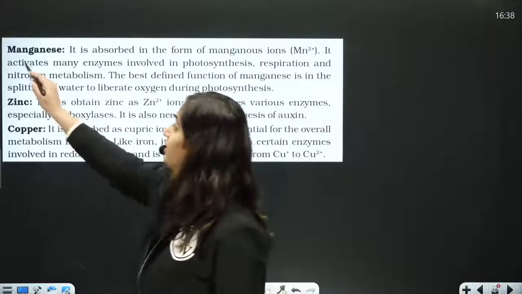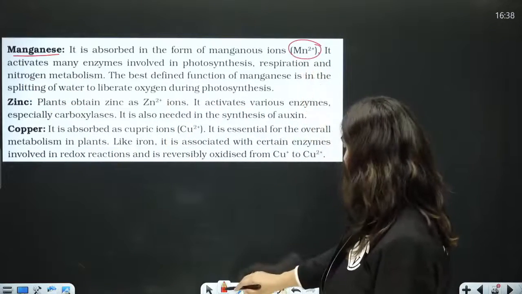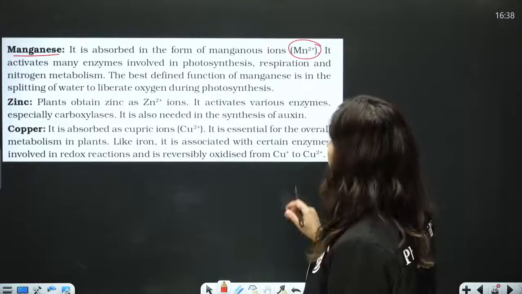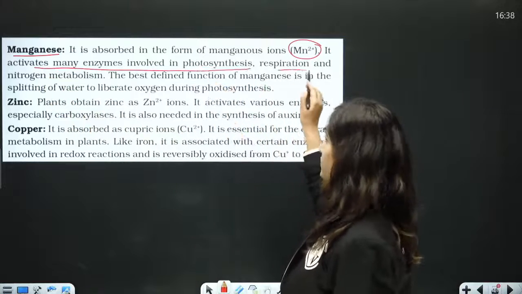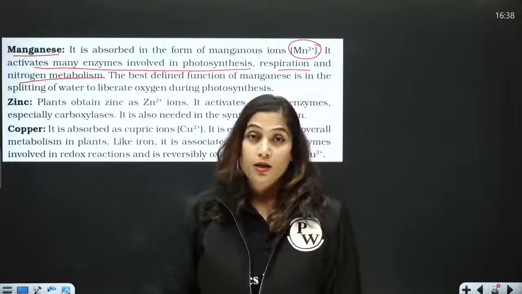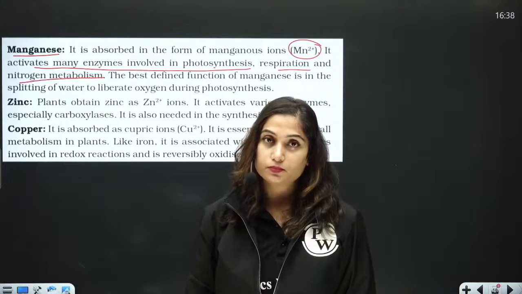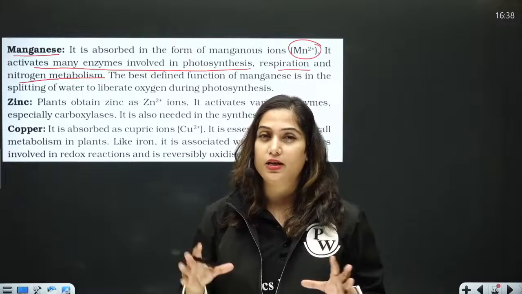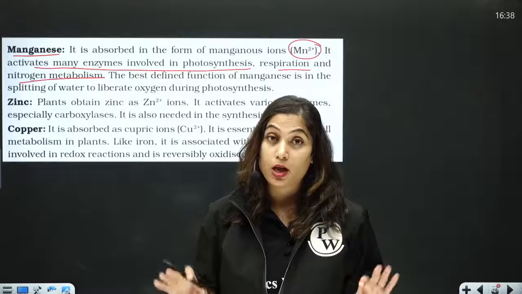Then manganese. Manganese is taken in the form of Mn2+ ions. This is also important, in which form they are taken up by the plant. It activates many enzymes involved in photosynthesis, respiration, and nitrogen metabolism. This is very important. If the question says which mineral element is essential for nitrogen metabolism, molybdenum.